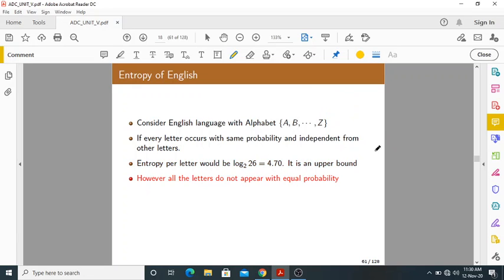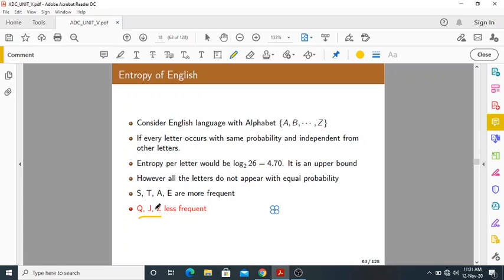Okay. But generally that is not the case. Why? Because all the letters do not appear with the same probability. Generally these letters are more frequent and these letters are less frequent. If you take any English sentence, all the alphabets don't occur with the same probability.